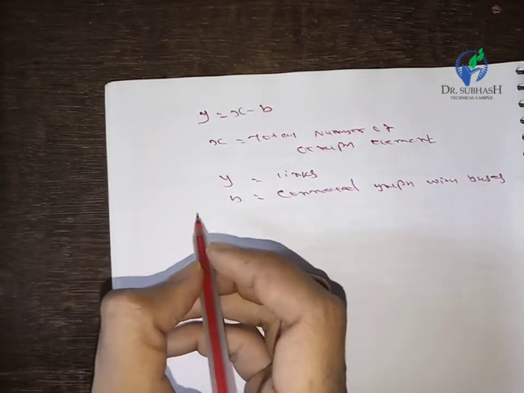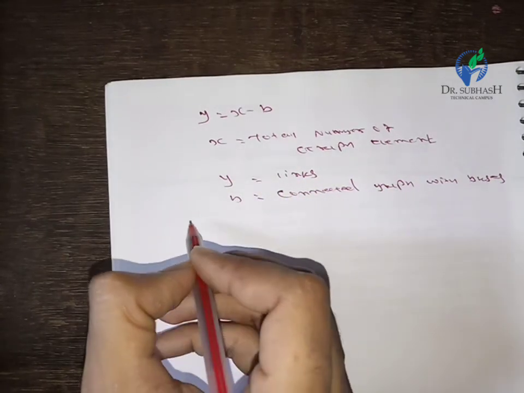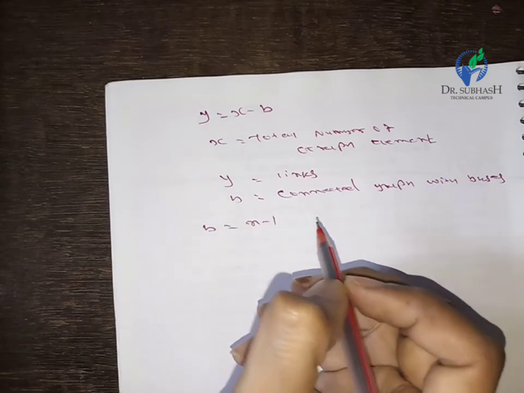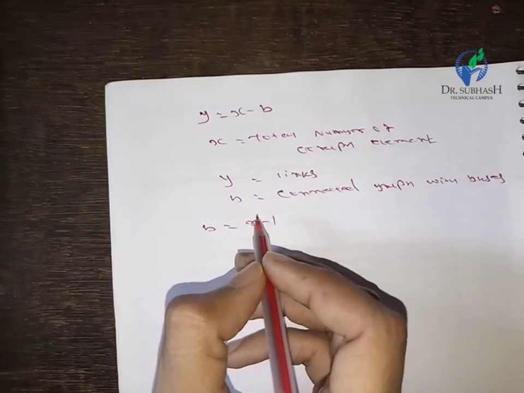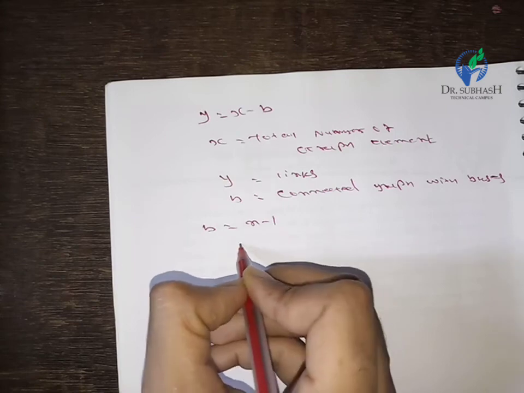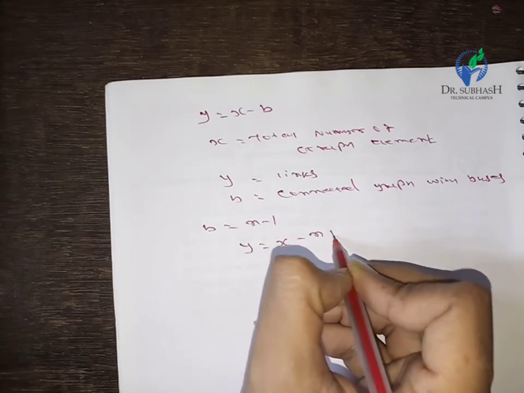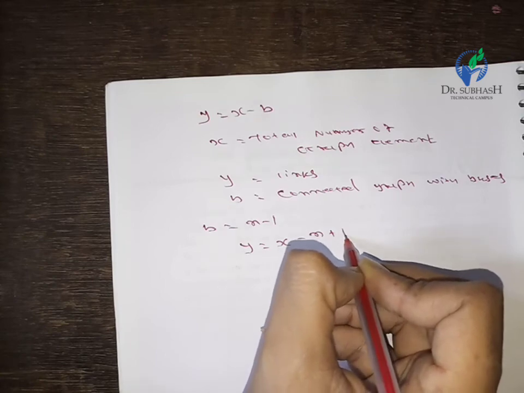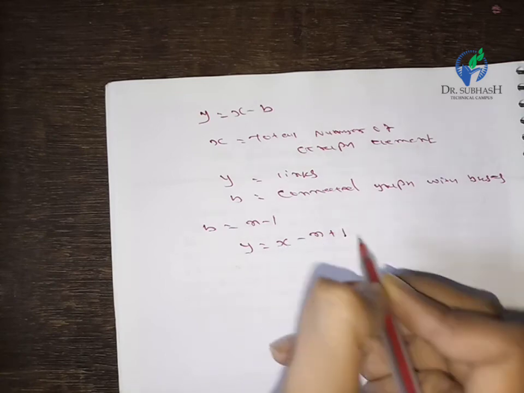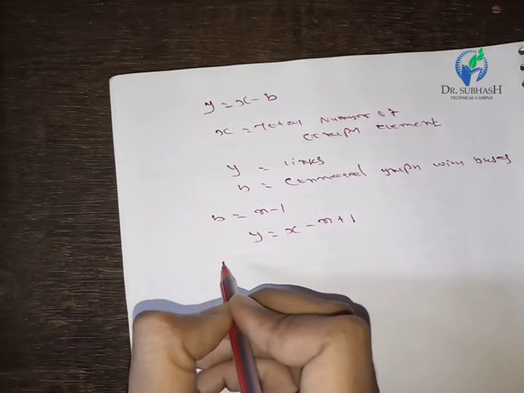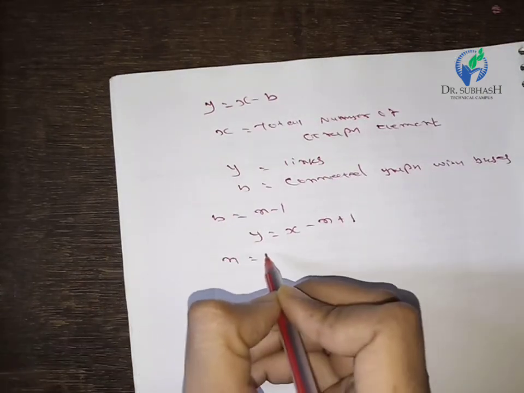So by substituting the value b is equal to n minus 1 in this equation, we can write that y is equal to x minus n plus 1.